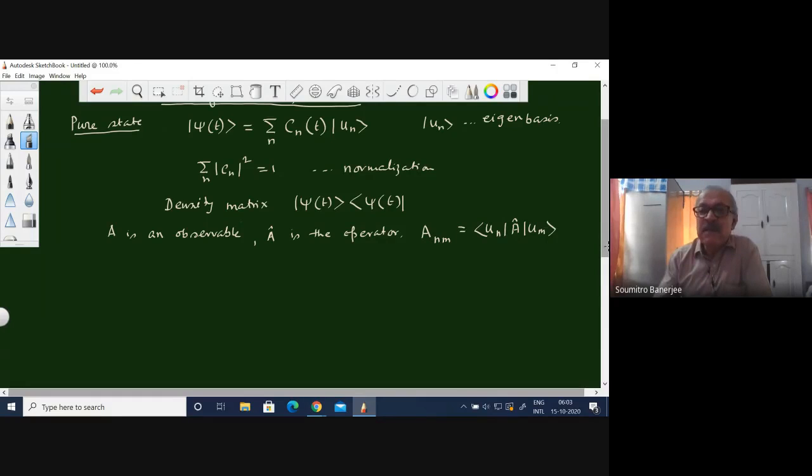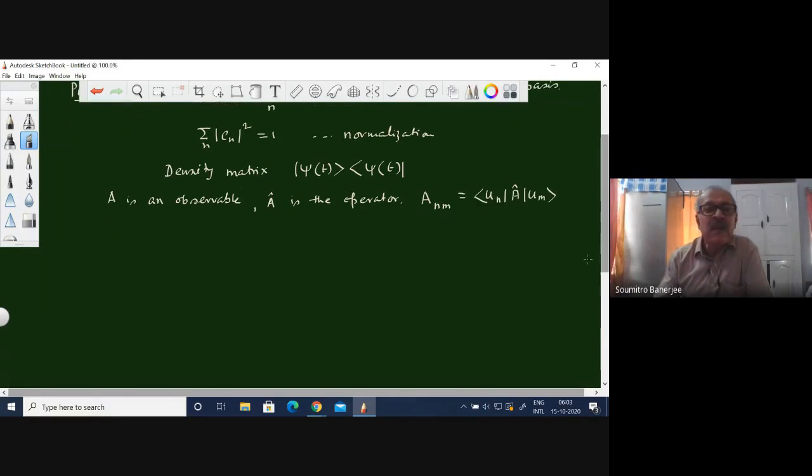So if you have this, then you can try to obtain the expectation value of the observable A. If it is energy, what is the average energy? If it is position, what is the average position? And so on. If you try to find out the expectation value of A, there's no reason to believe that it will be independent of time. So let me write it so that it sits in your mind that it can be a function of time.